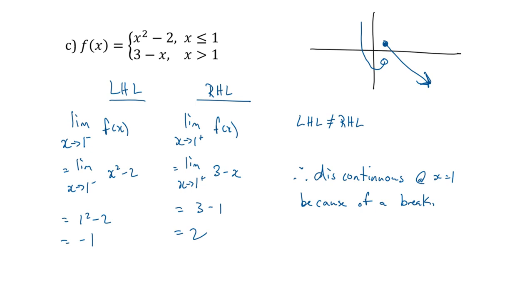Yeah. Isn't the quadratic the one including the point? Oh, you're right. Whoops. Thank you. And then the reasons are breaks, vertical asymptotes, holes.